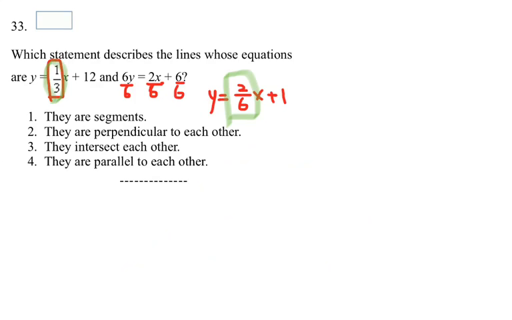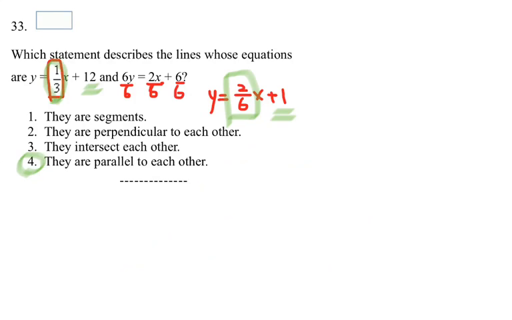So since they have the same slope, what would you realize? They must be parallel. And furthermore, we realize that the y-intercepts are not the same, so we know that those two lines are not overlapping, but in fact have distinct y-intercepts, so therefore these are two lines that are parallel.